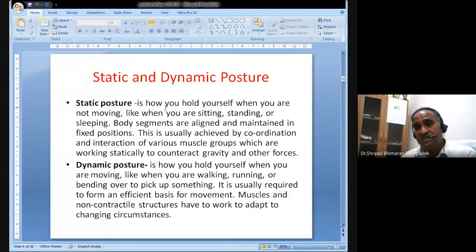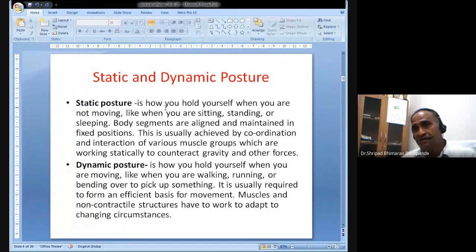This is very much essential for our proper movement. The muscles and the non-contractile structures, the ligaments, the bones, and the other aspects have to work. That means joints, ligaments, fascia and muscles have to work and adapt to changing circumstances. That is with a dynamic posture.